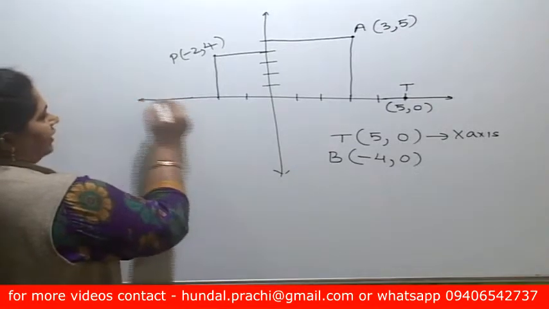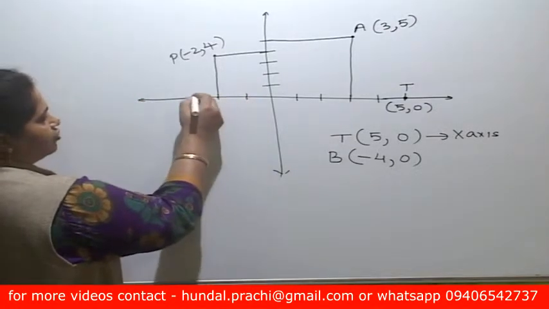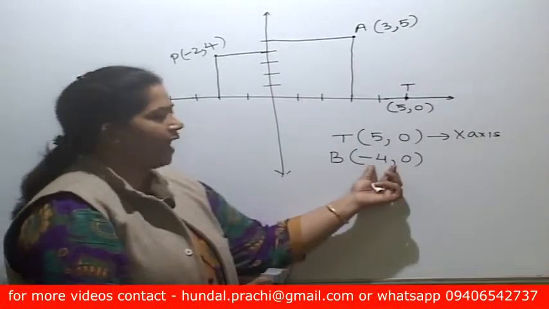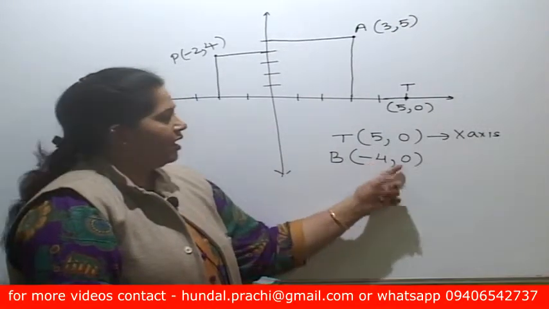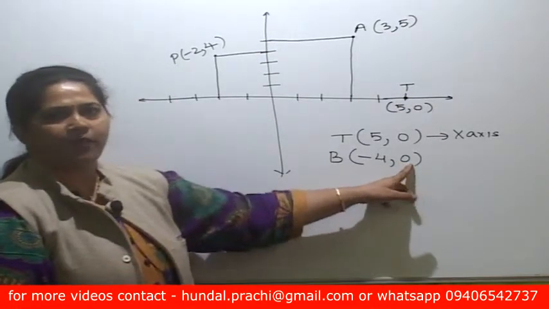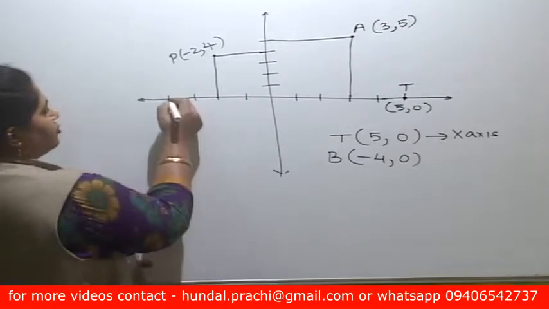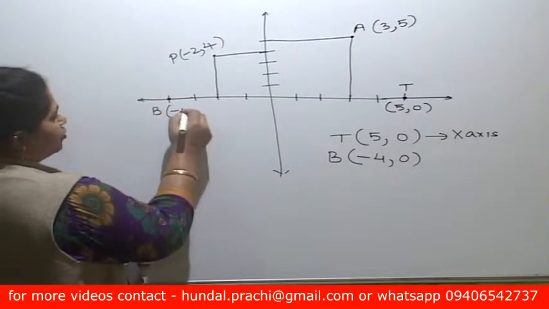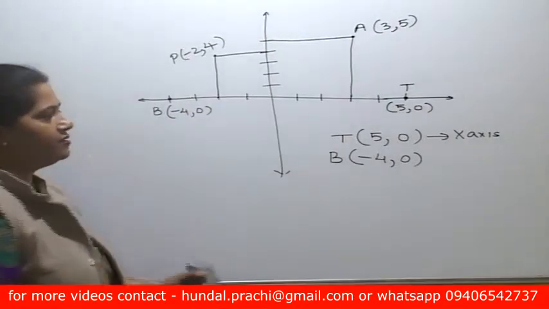So I will take, this is -1, -2, -3 and -4. The distance of the point from the y axis is 4 units. Now the y coordinate is 0, that is, the distance of the point from the x axis is 0. So it will lie on the x axis only. So this is point B whose coordinates are -4 and 0.